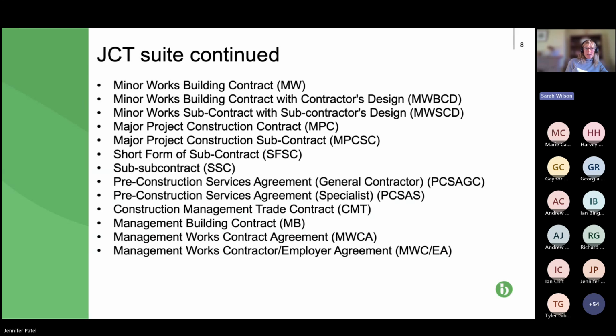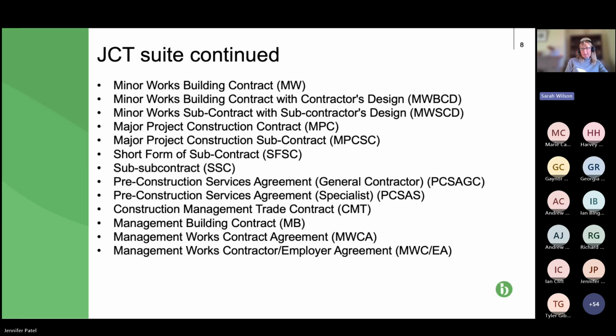We also have, about 2/3 of the way down, the pre-construction services agreement. That's one that is used fairly commonly, so it is what it sounds like. You enter into that prior to entering into, for example, your design and build. And the idea is that you do pre-construction services.